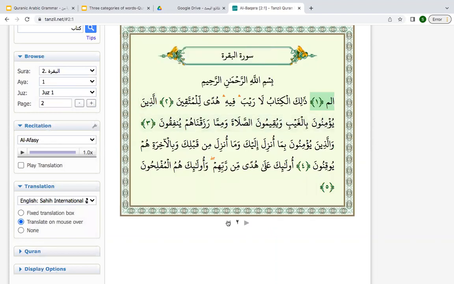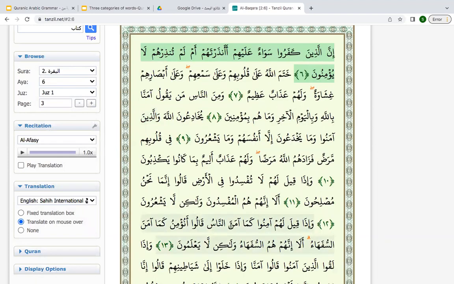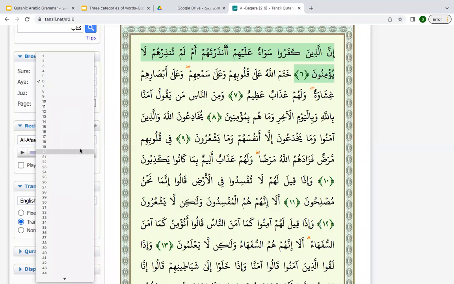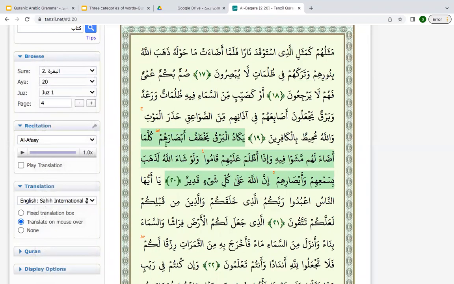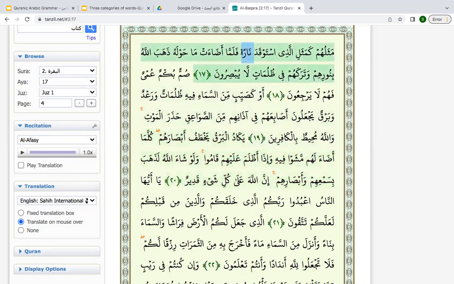Any confusion so far? Okay. Now I'm going to show you a word and I'm going to ask you about this word. I'm going to ask about random words, okay, inshallah. So be careful with your answers. Yom is going to be masculine.